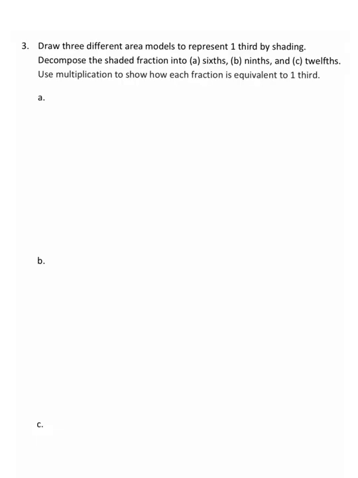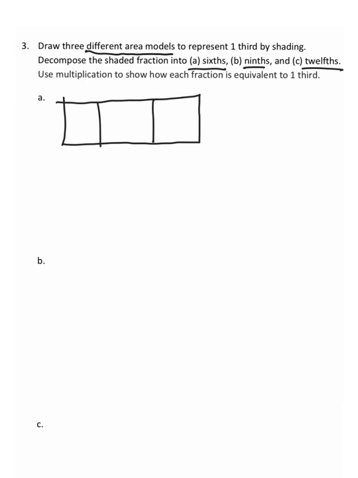All right, so this next one, it says draw 3 different area models to represent 1/3 by shading and decomposing the shaded fraction into 6ths, 9ths, and 12ths. So now we're going to start off by creating an area model, and we are going to set this up and make it into thirds.